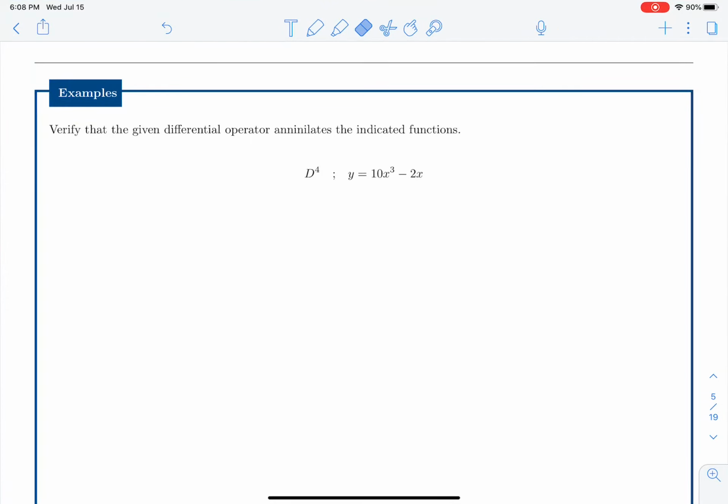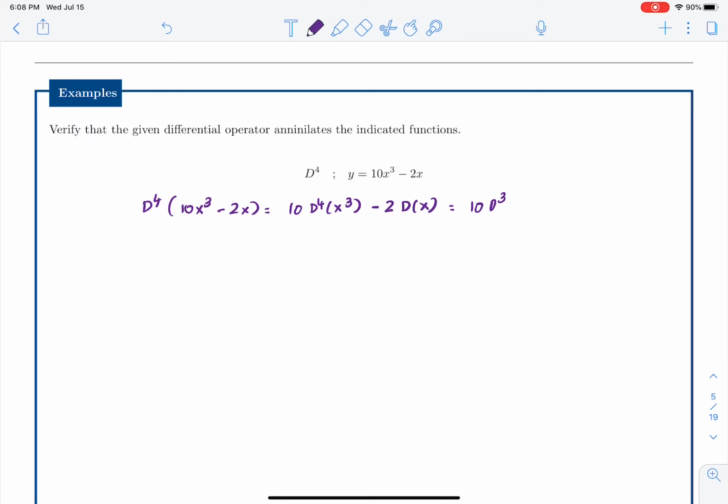D to the 4 of 10x cubed minus 2x would equal 10 D to the 4 of x cubed minus 2 D to the 4 of x. So the fourth derivative, D to the 4, is simply D times D times D times D. So I could write it as D cubed.